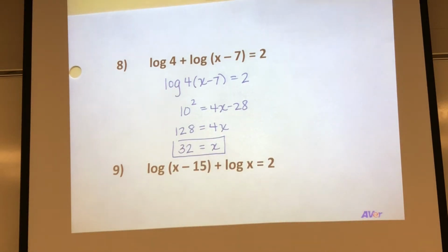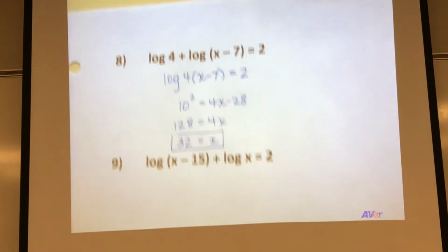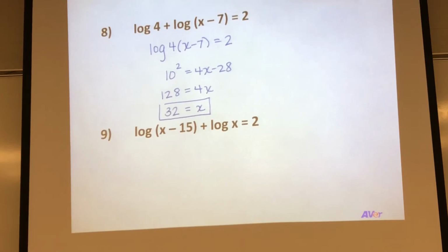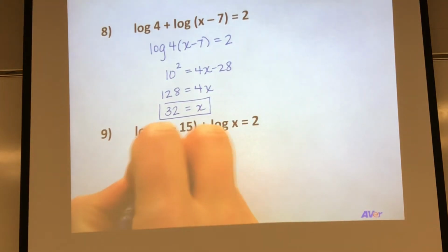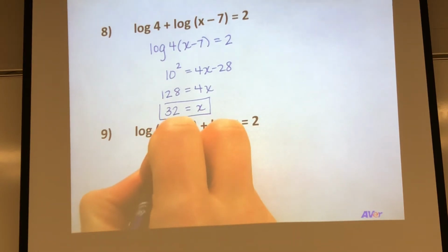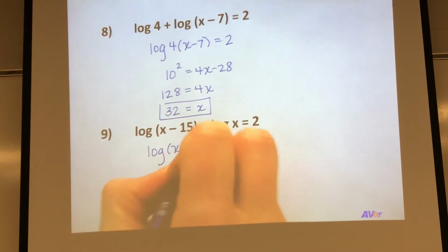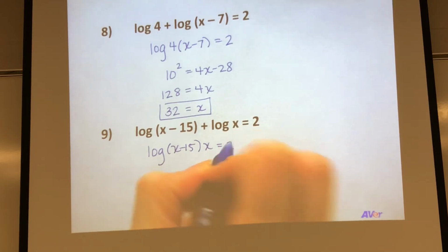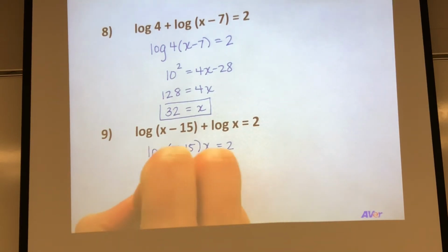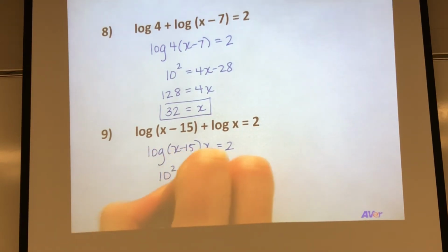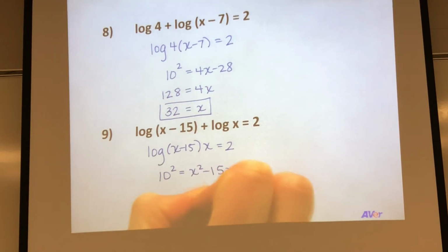Okay, so number 9 is similar. See if you can get it started by condensing your logs and then switching to exponential form. Hopefully you started by log of (x - 15) times x is equal to 2. When we switch to exponential, we have 10 squared equals x squared - 15x.